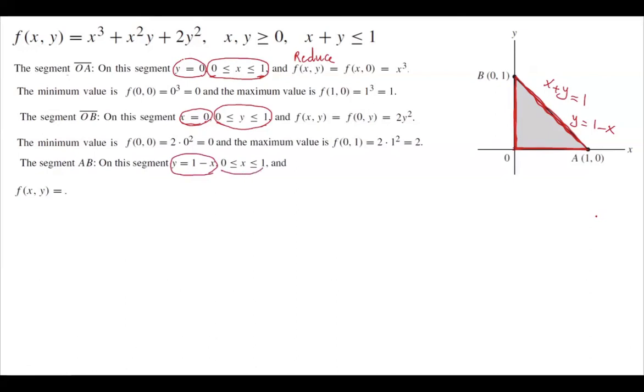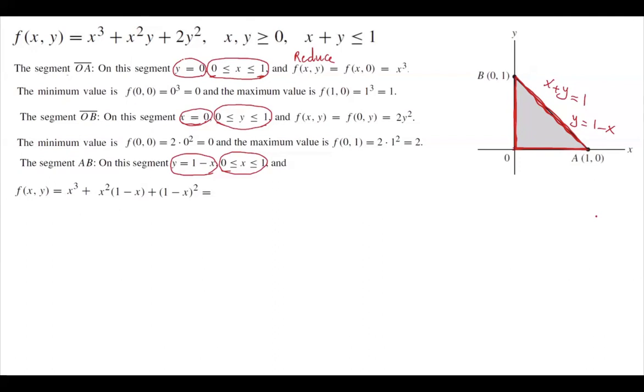And x is bounded between 0 and 1. So your original function can be written as x cubed plus x squared times 1 minus x plus 1 minus x to the second power, and it should have a 2 next to it.